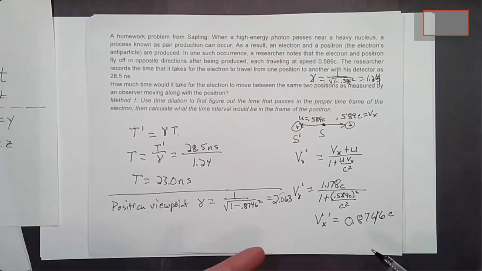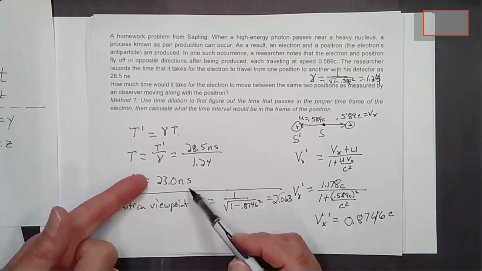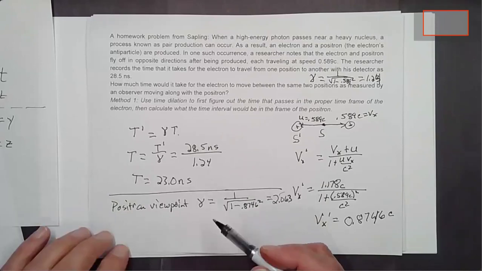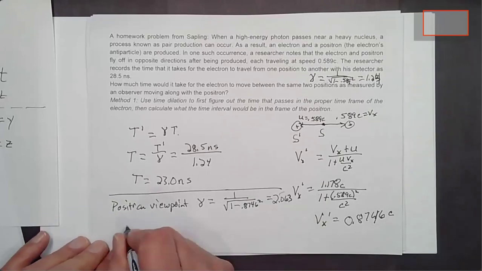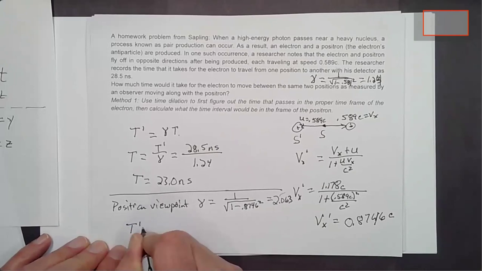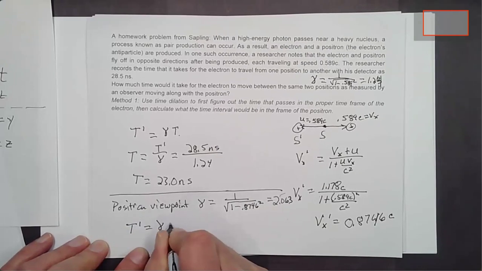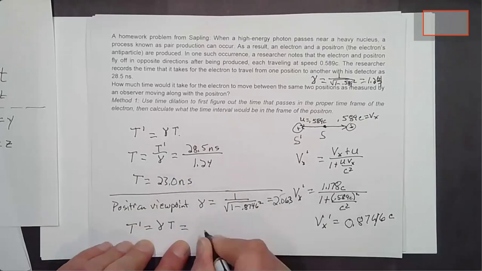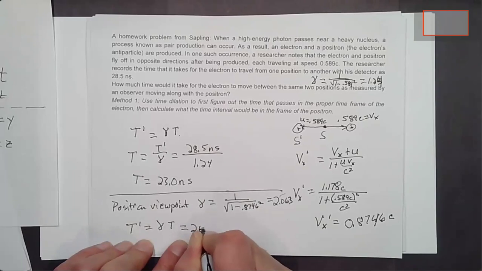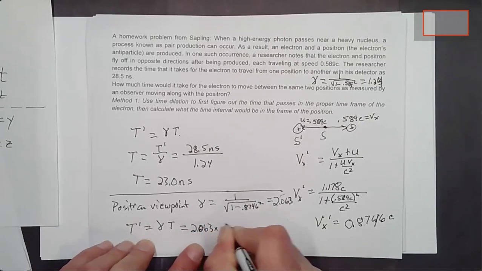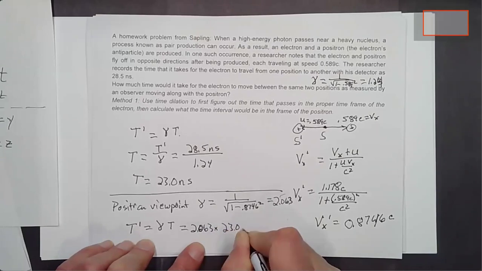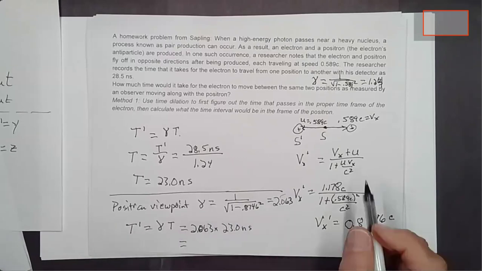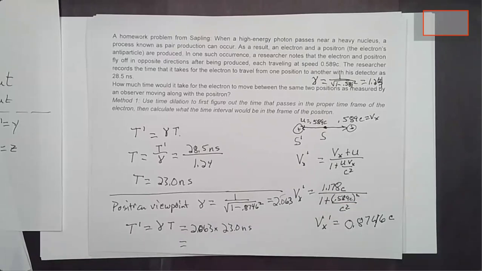We've got a time interval in the electron reference frame of 23.0 nanoseconds, but from the positron's viewpoint, T prime is going to equal gamma T. This is a proper time. So we'll have 2.063 times 23.0 nanoseconds. And it's going to be even longer than what was recorded in the laboratory.